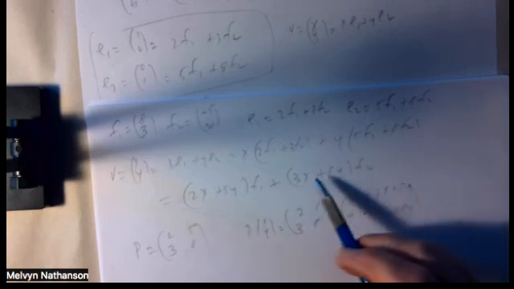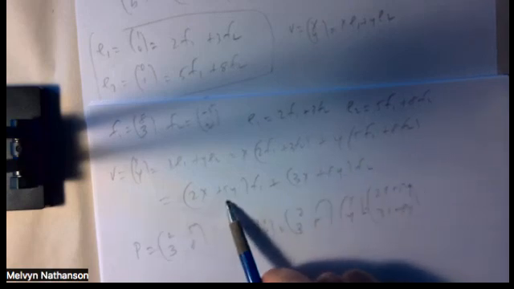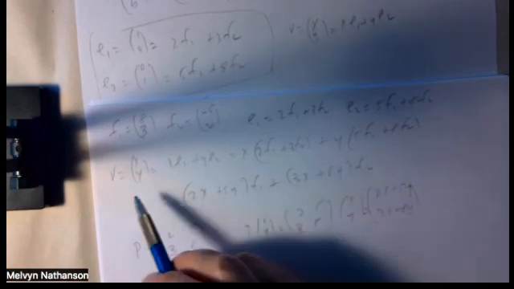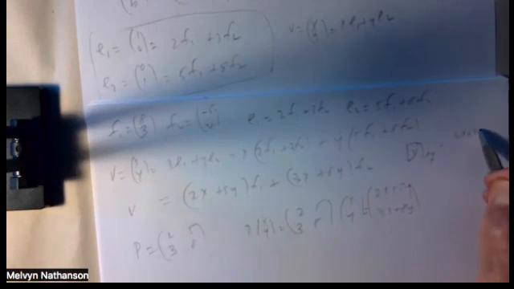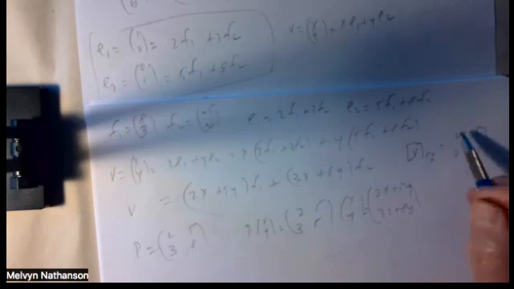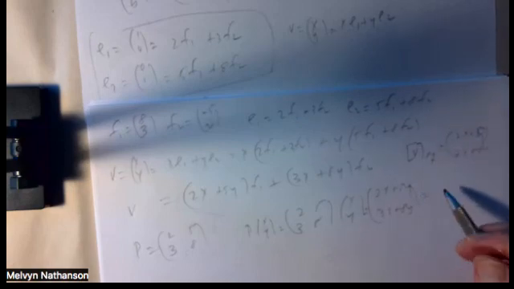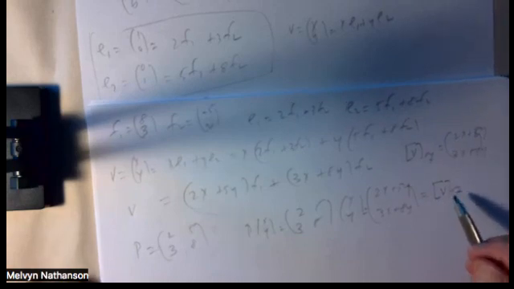Right? So if this vector is v, the coordinates for v with respect to this new basis F are (2x plus 5y, 3x plus 8y). So this is the coordinate of v with respect to F.